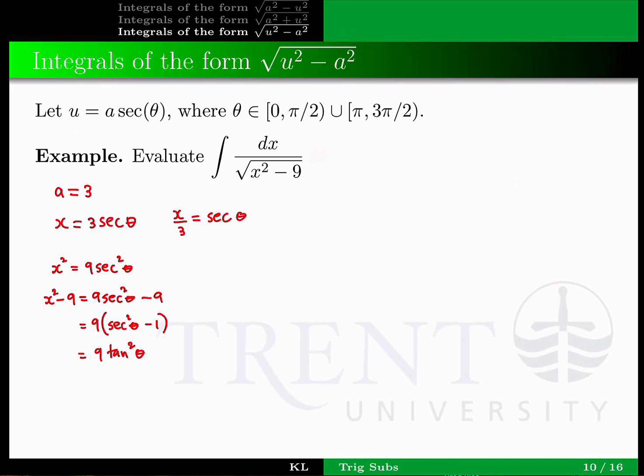So if we take the square root of both sides, x squared minus 9, we take the square root of this, it will become 3 tangent theta. And again, we don't have to put the absolute value because of the restriction that we imposed on theta.